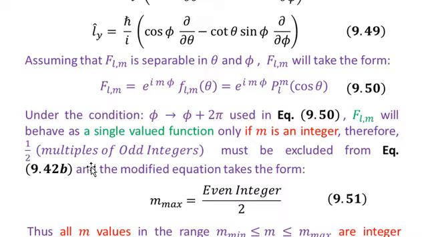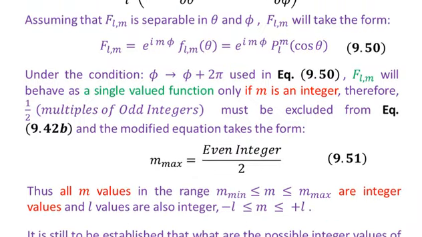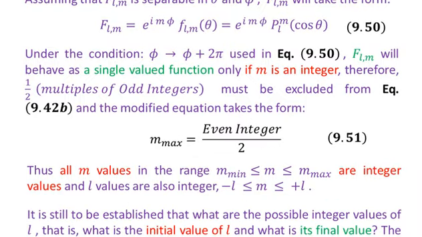Therefore, half-integer choices must be excluded from equation number 9.42b. So now equation number 9.42b can be modified such that m can have only integer values.